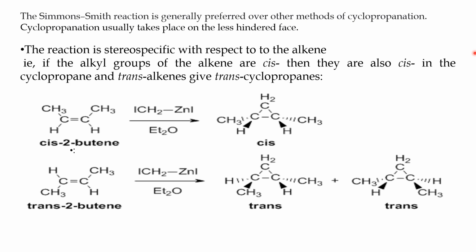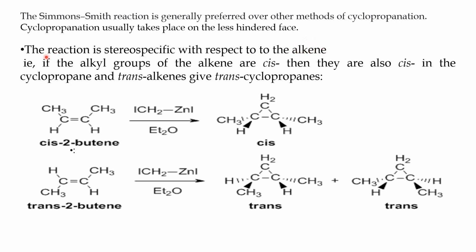Cyclopropane formation usually takes place on the less hindered face. So when we are taking bulky molecules and there is steric hindrance, the cyclopropanation occurs from the less hindered side, and the reaction is stereospecific with respect to the alkene.